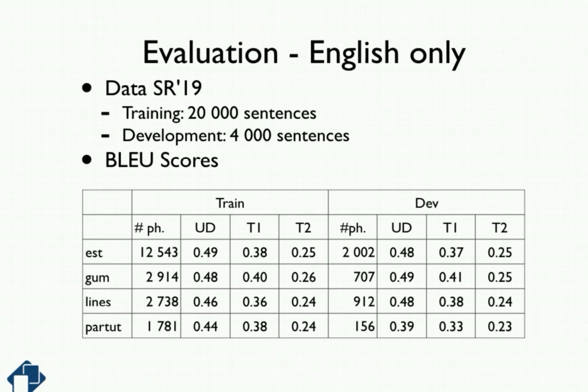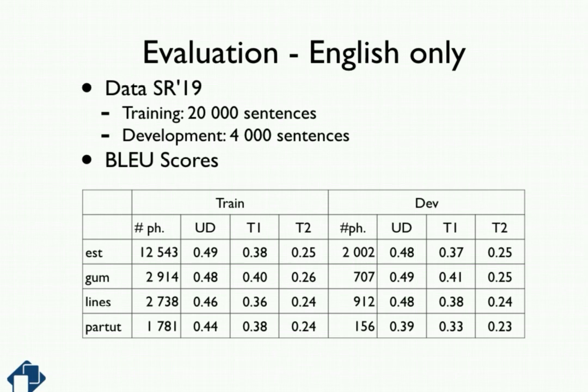The BLEU scores are more or less the same, but a bit less than the T1, but still quite acceptable. And for T2, they are also okay, but not so good, of course, because they are missing quite a lot of information.